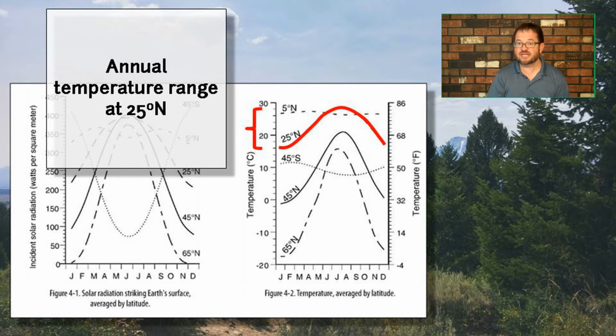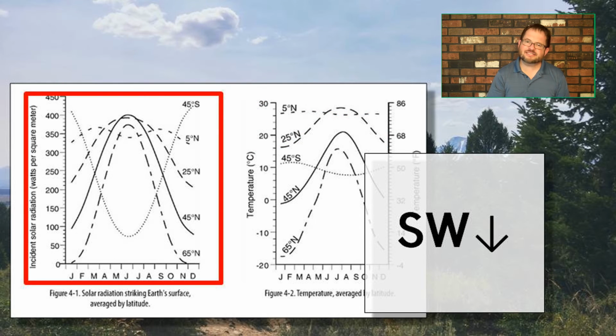That doesn't mean that's the range of temperatures at that location, because this is the range of average temperatures. The average temperature in January is about 18 degrees Celsius at 25 degrees north. That doesn't mean there aren't places that are warmer or colder. It just means the average temperature at that location is 18. And from that you can also get a sense of what the average range is.